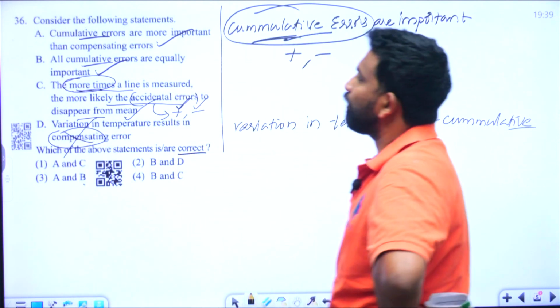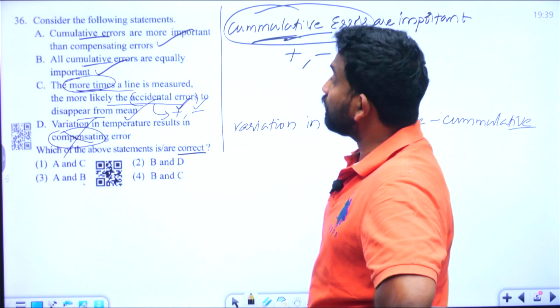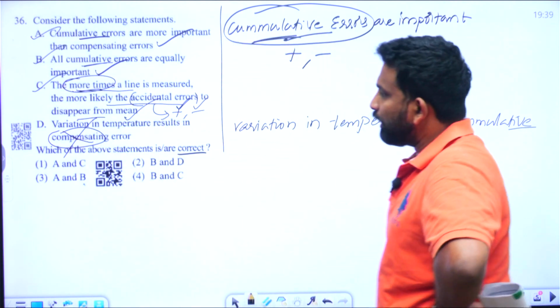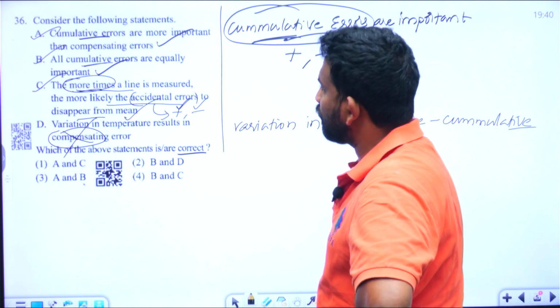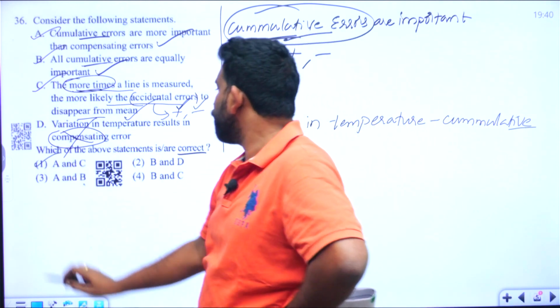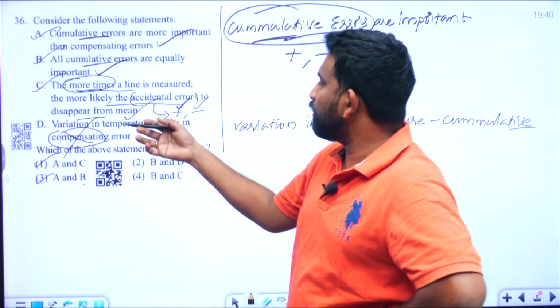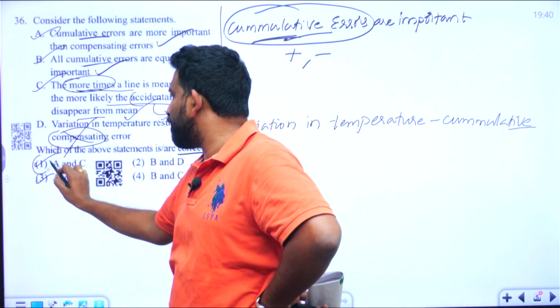But if you try to understand this question, all the three options were correct. A, B, C, and three options were correct. But here in the options, A and C were there, which is also the correct thing, and A and B might also be correct. So there might be a question arising about which option will be the correct answer.